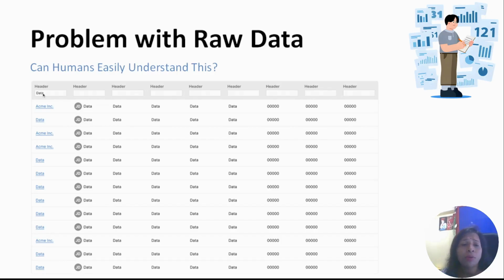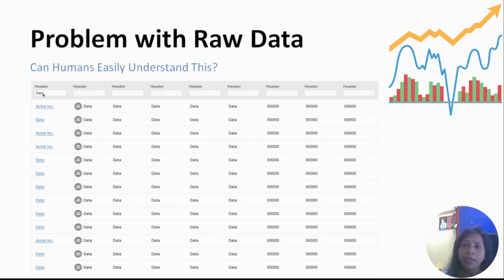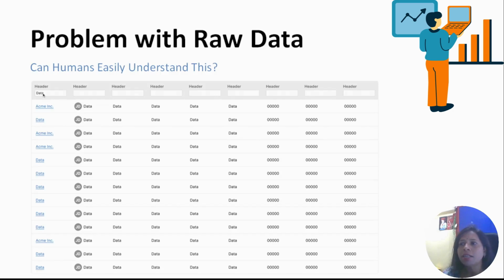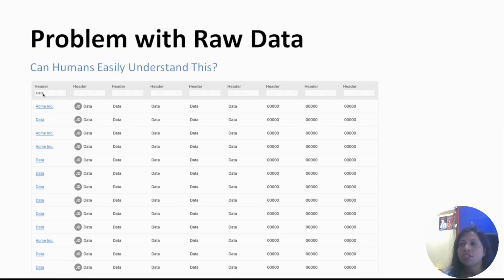We also find that as the size of the data increases, finding patterns and trends becomes very difficult. Humans naturally understand visual information better as compared to a long list of numbers or tables. So this is why visualization is so important.